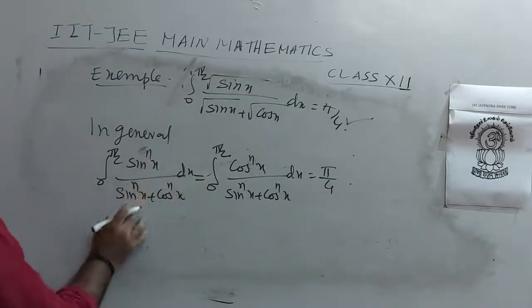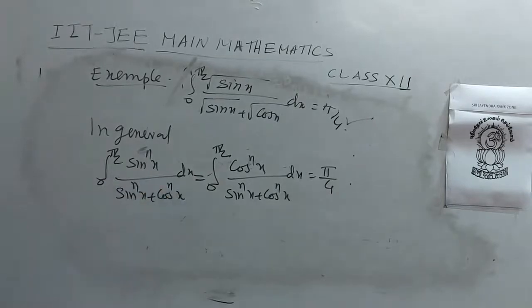N means any power. If in this form, the answer will be pi by 4.